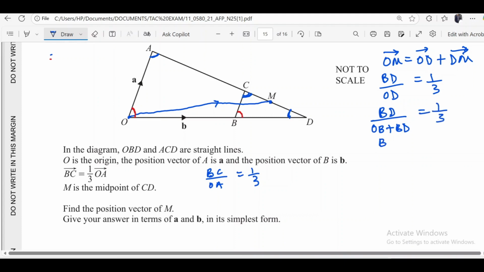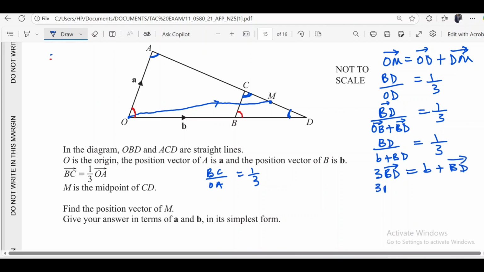Then we say OB, as a vector here, is b. Then BD over OB plus BD is 1 over 3. So we can multiply, and we have here 3BD equals b plus BD.